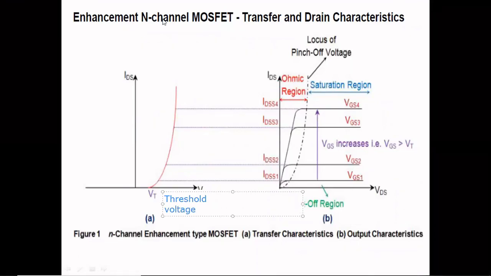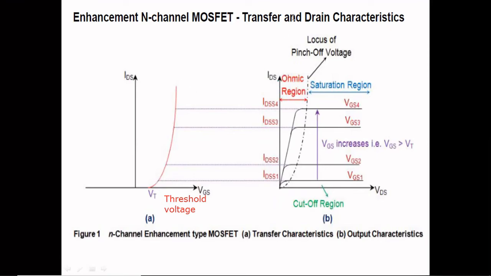Threshold voltage is a voltage until which my transistor will not conduct or will not turn on. So after threshold voltage only, I'll be getting a current IDS flowing through it.